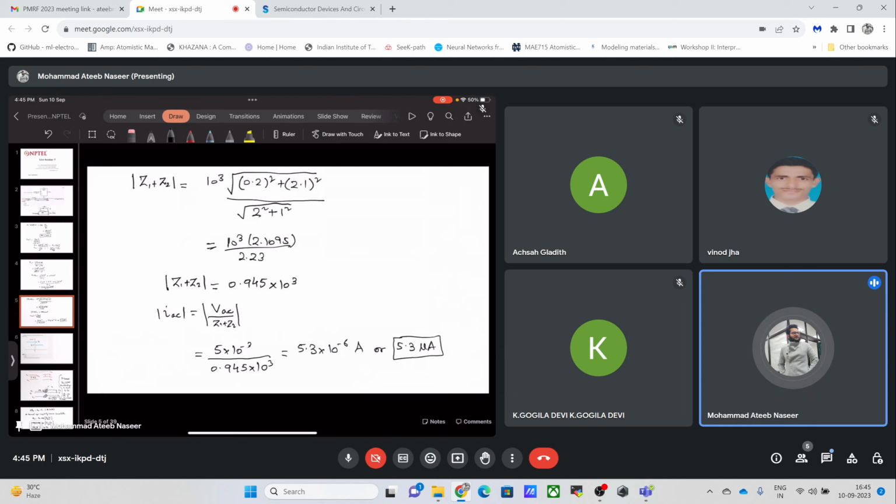So for the 1D case, the derivative of the electric field will simply be equal to rho by epsilon. If this rho is a linear function of x, the distance, then when I integrate this with respect to dx, the electric field will be some function of x square.